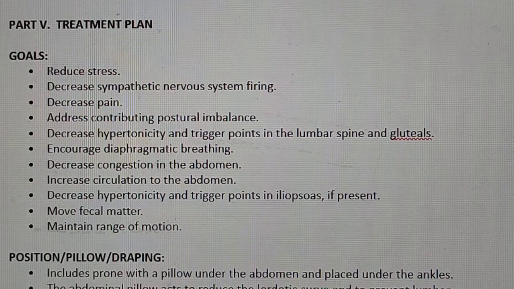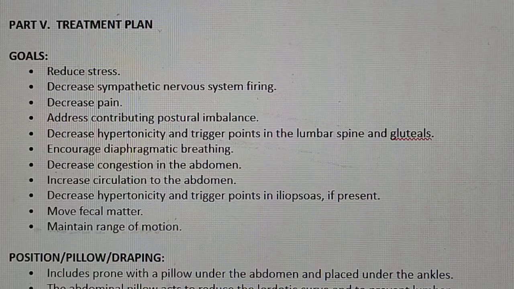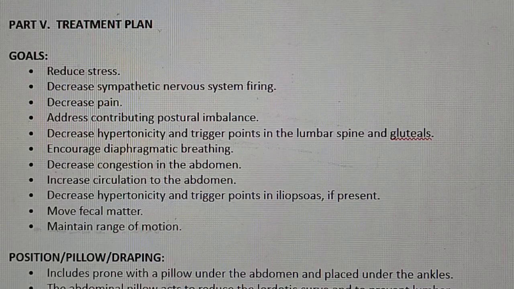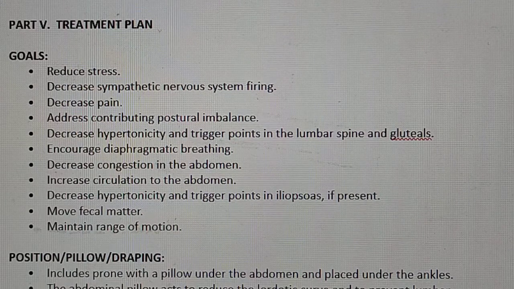So you have to decrease hypertonicity and trigger points in the iliopsoas, the muscles located inside the hip region, and it attaches to the lumbar spine, the lower back area, and inserts into the greater trochanter area, the upper part of the femur, the bone.